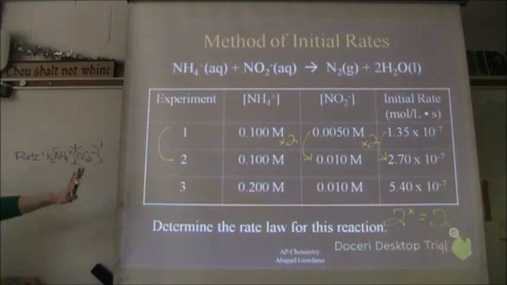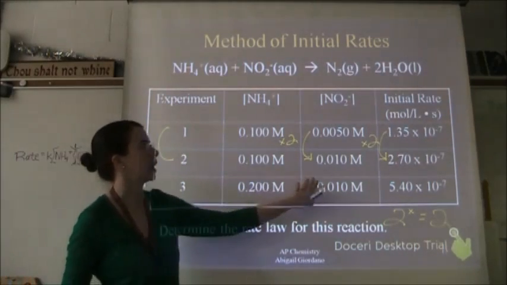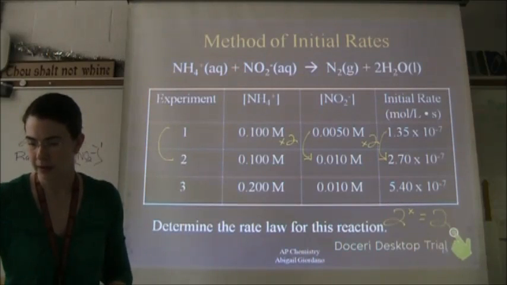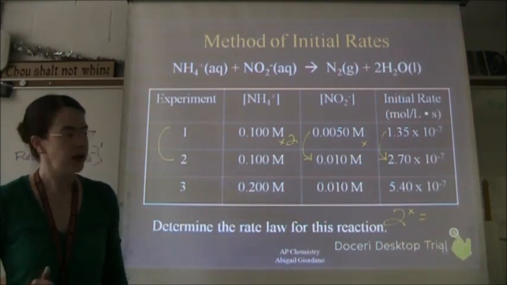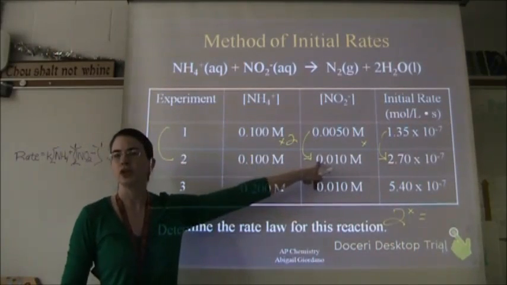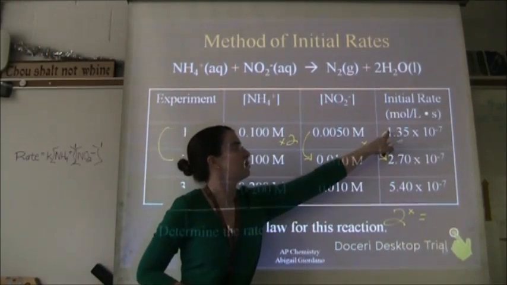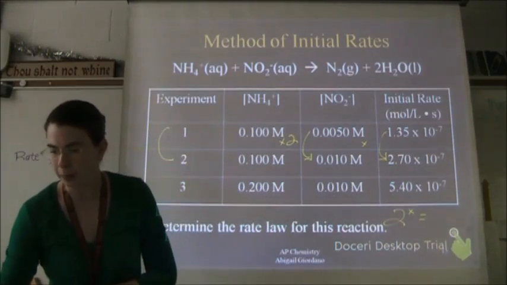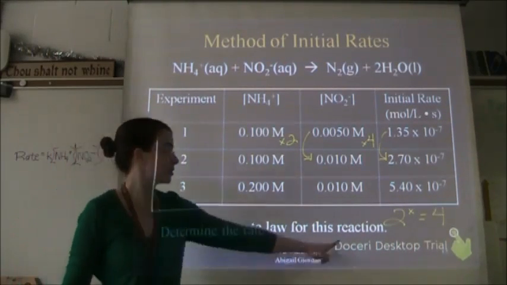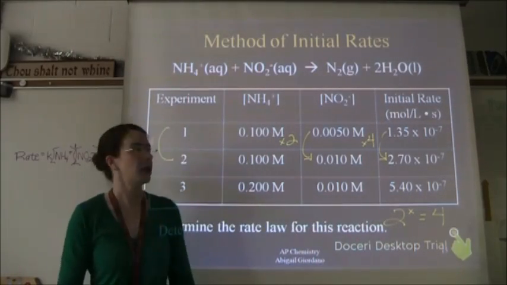Now, let me give you some hypothetical situations, and I realize that the numbers will not reflect this, but just go with me on this. What if this is multiplied by 2, but from this number to this number, it's multiplied by 4? Your exponent is 2. Okay.